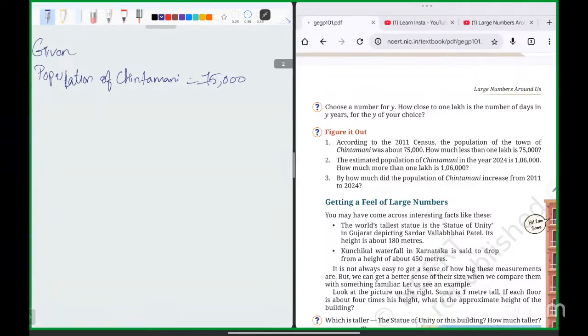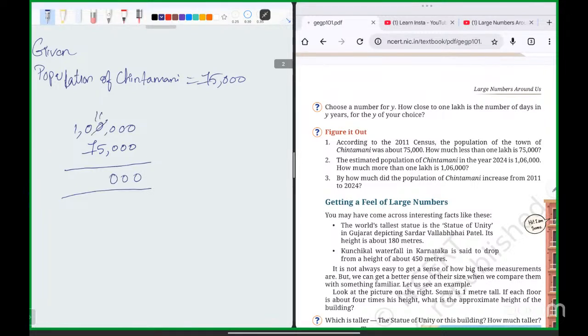How much less than 1 lakh is 75,000? So a simple question. 75,000 is how much less than 1 lakh? We just need to subtract 75,000 from the given 1 lakh, which will be our desired answer. So 0 minus 0 will be 0, 0 minus 0 is 0.